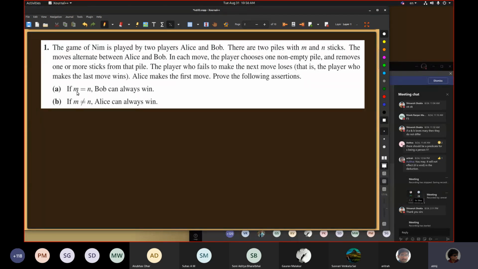In other words, if M is equal to N and Bob is optimal, then no matter whatever Alice does, she cannot win. Whereas if M is not equal to N and Alice plays optimally, then no matter whatever Bob does, he cannot win. So how to prove such a pair of statements?